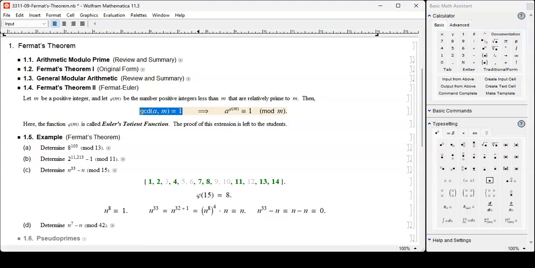This one here, the GCD of n and 15 is 1. I used to use blue, so let's keep blue.